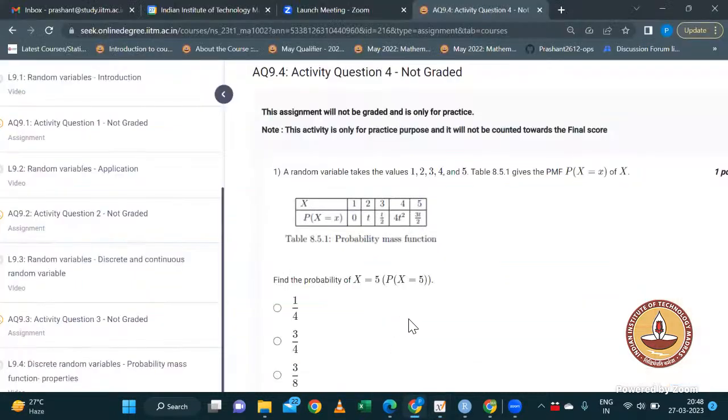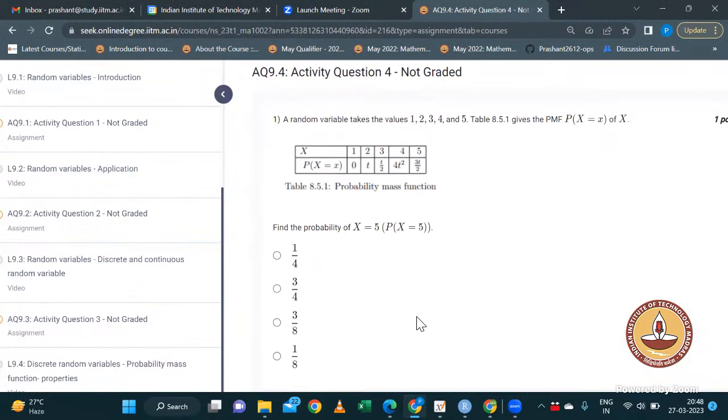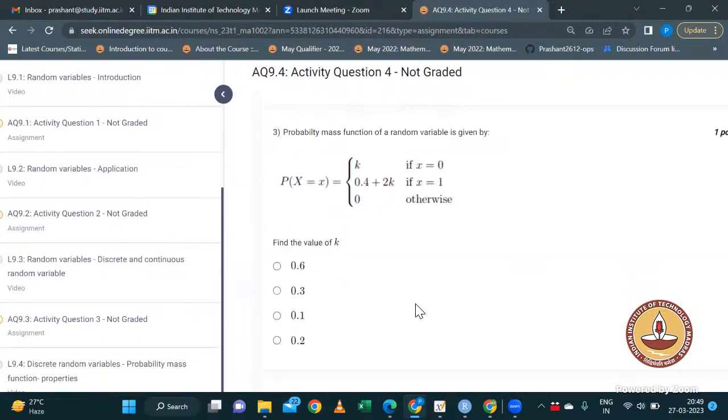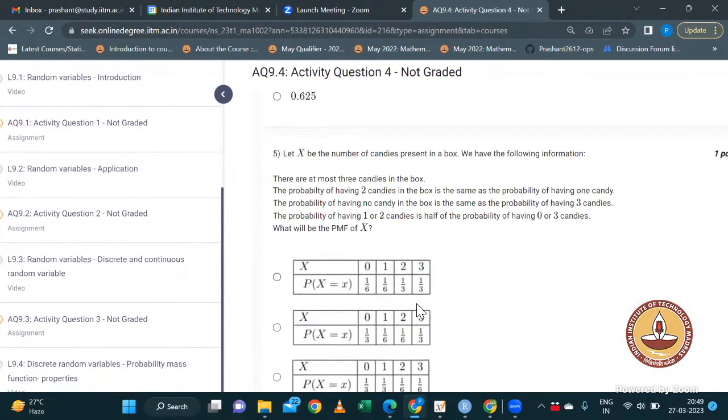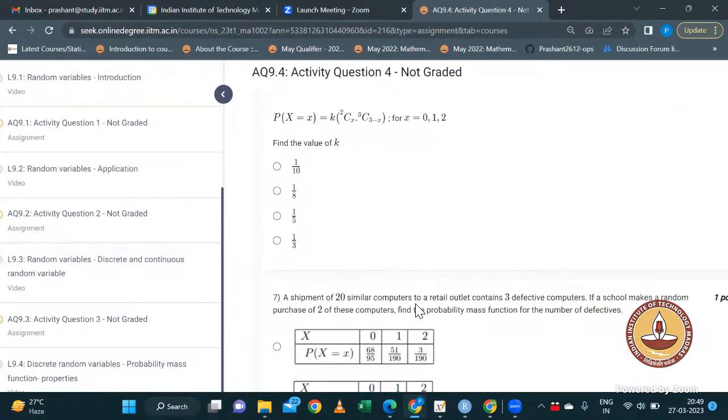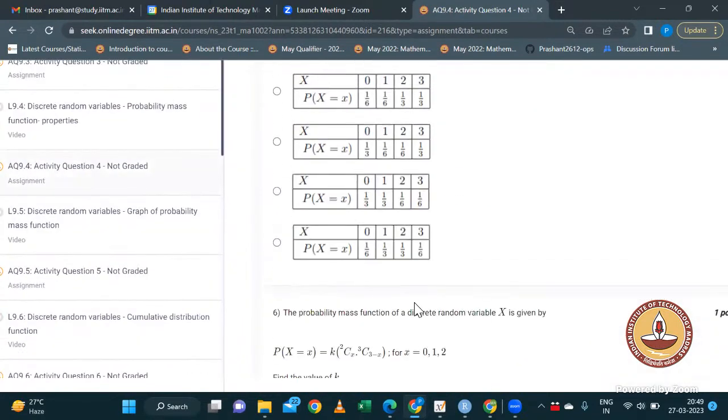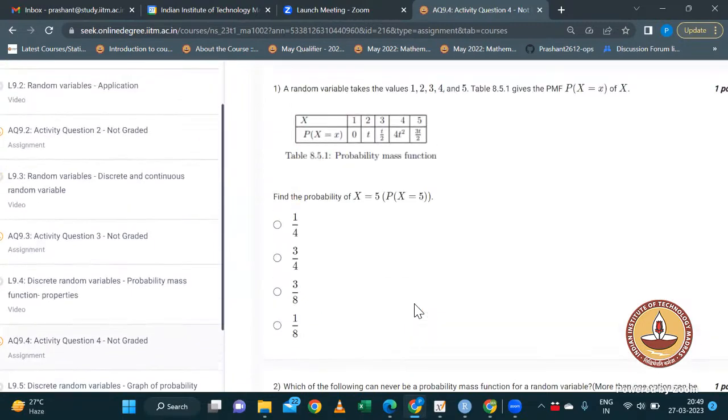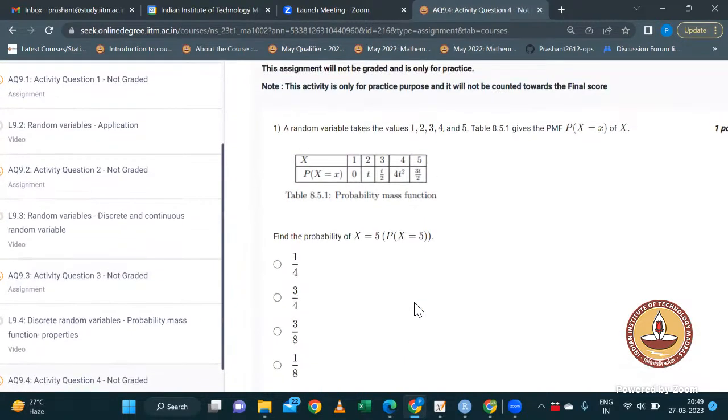Okay, so tell me, is there any doubt in activity 9.4 in any question? Was the question clear for everyone, or should we do one problem? Okay, let's do it.